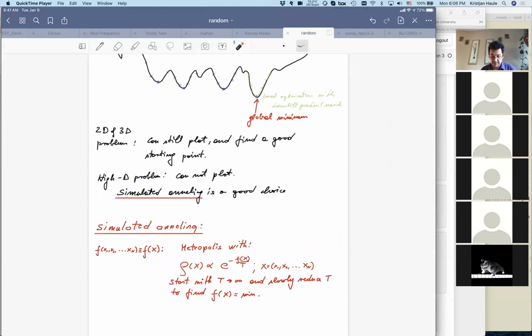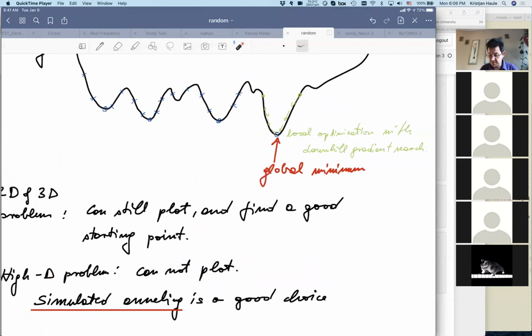So this simulated annealing does not guarantee you to end up exactly in the minimum. We are not going to get exactly the minimum, but we're going to end up hopefully close enough to it, within a range which is related to temperature. Of course, if you have a discrete system, then it would have a gap, and then we are guaranteed.